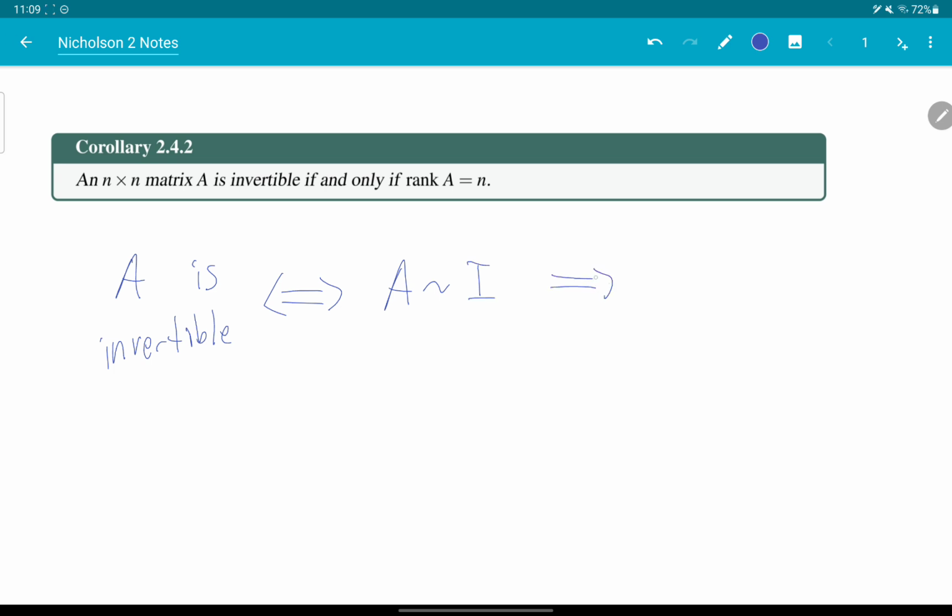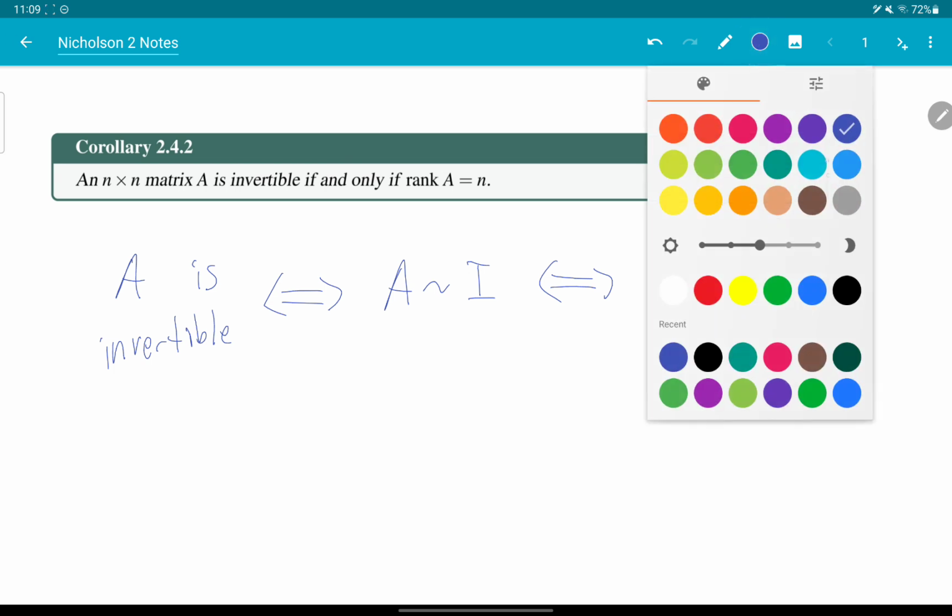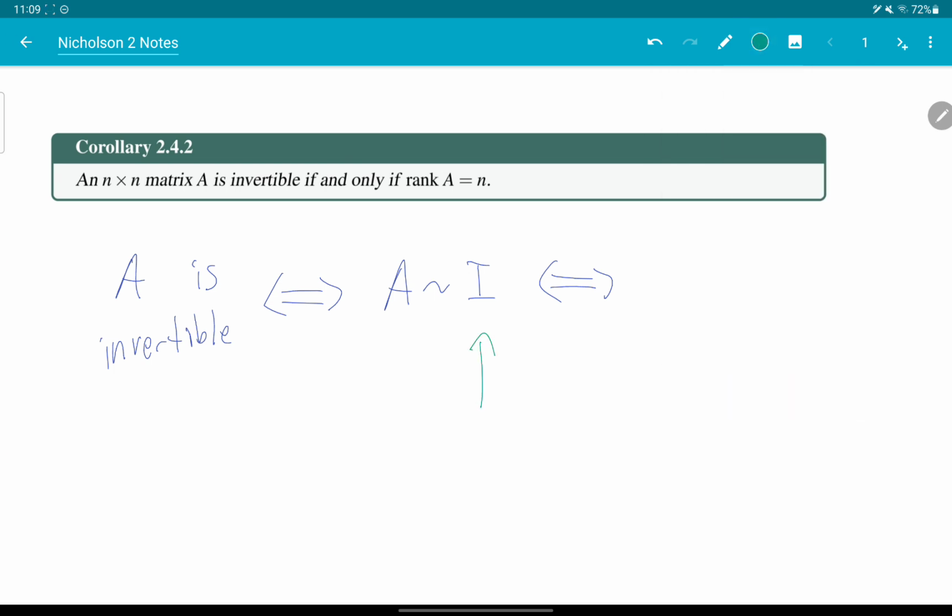Now, if you think about I, how many pivots does it have? Well, it's going to have these pivots down the diagonal. Pivots are also known as leading entries or leading ones in this case.